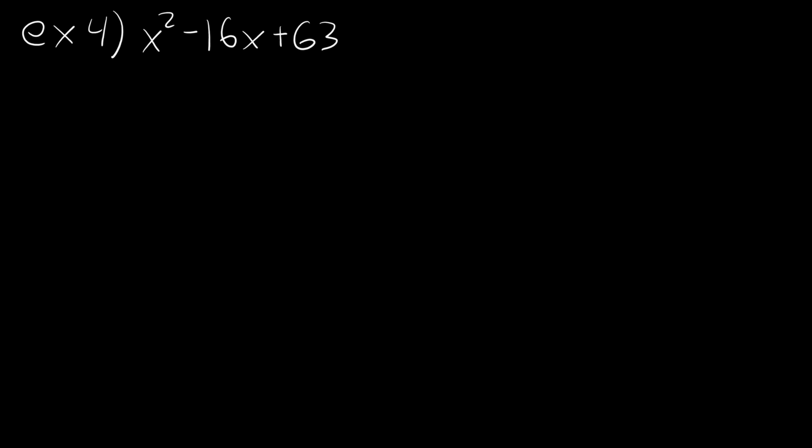Example 4, we have x squared minus 16x plus 63. So a equals 1, b equals negative 16, and c equals 63. So we need to find the factors of a times c that add to b.